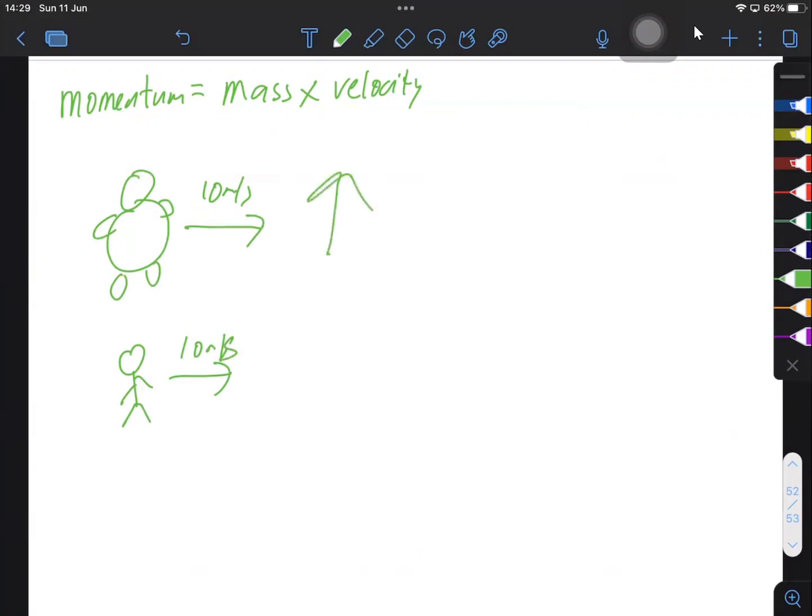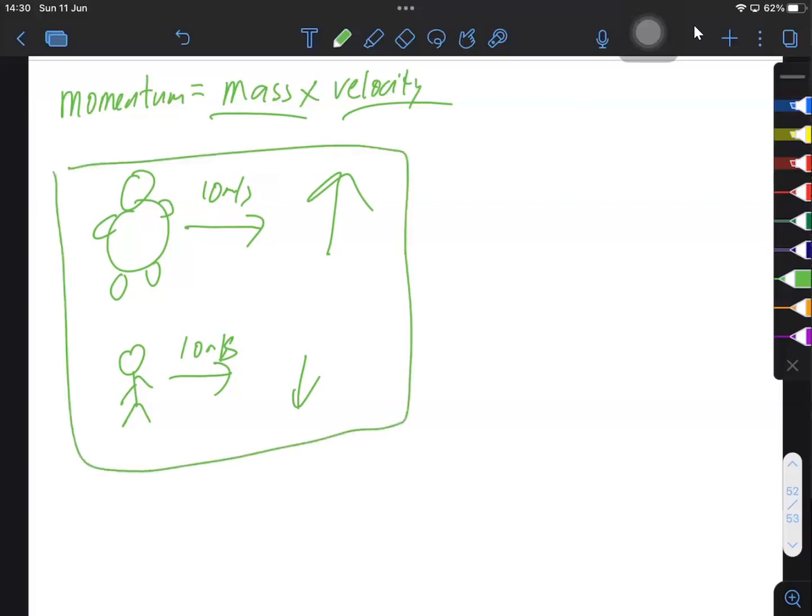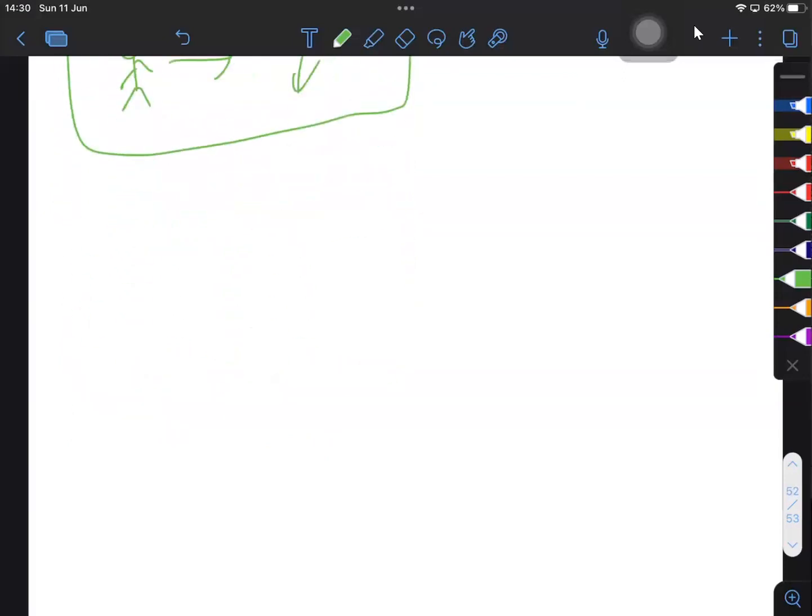This guy is obviously going to have the greater momentum, because mass and velocity are involved. If you must, you can remember this little, beautifully drawn story I've just told. Easy way.